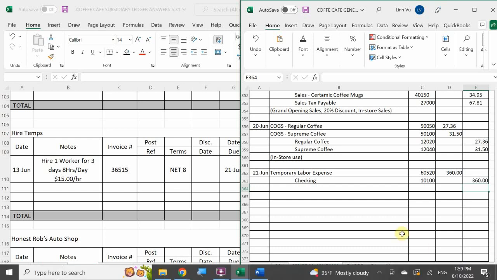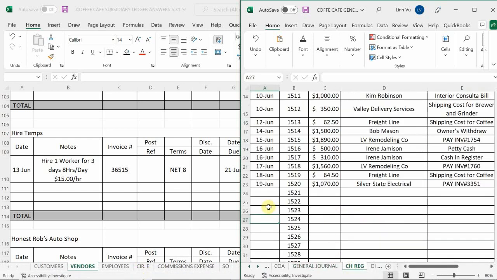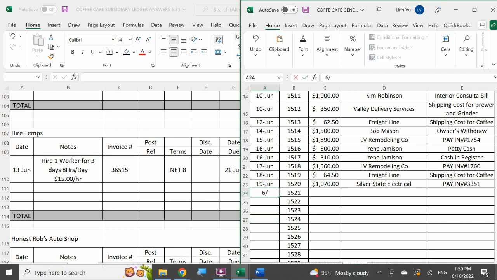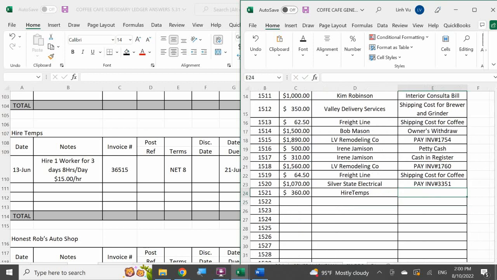So now we move on to the check register next to cut the check and get the check number. Good. Today's the 21st, so we pay $360. And then it's Hire Temps. And then it's invoice number 36515, or the contract 36515.